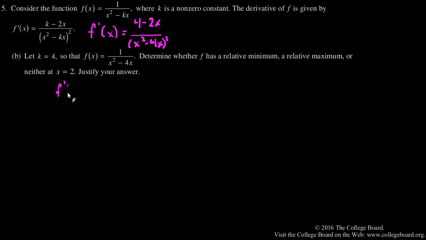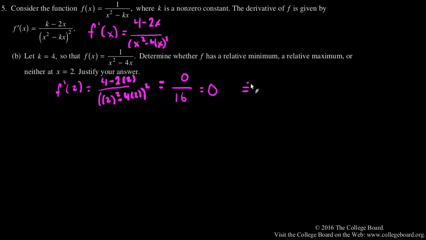So f prime of 2 is going to be 4 minus 2 times 2 all over 2 squared minus 4 times 2 all squared, and 2 times 2 is 4, 4 minus 4 is 0, 2 squared is 4, minus 8 is negative 4, squared is 16.